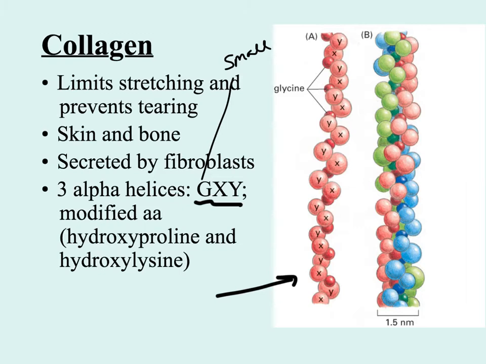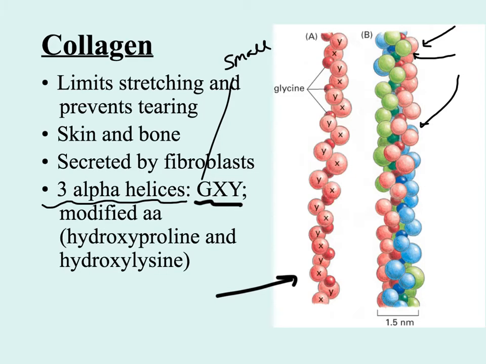And the way collagen works is that you have 3 of these. This is called an alpha helix. The GXY makes an alpha helix, and you get 3 alpha helices bound to one another. So in panel B, in the image here on the right, you have 1 alpha helix that's red, 1 alpha helix that's green, 1 alpha helix that's blue. Think of these as 3 strands of string.